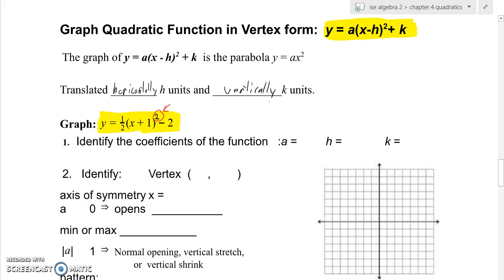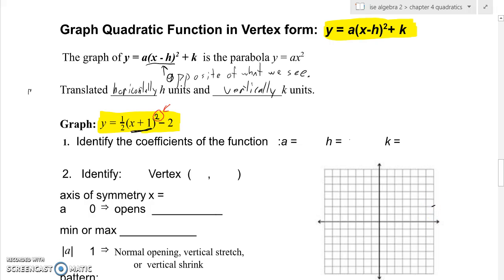Tricky part is with the h, making sure you take the opposite of what you see. So coming from inside here, we want the opposite of what we see. So we see a positive 1 in here.